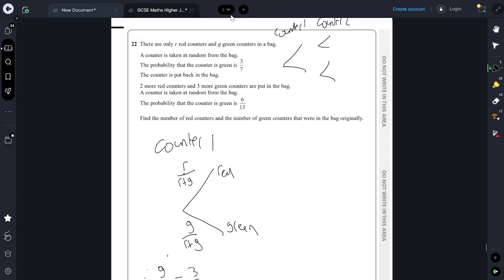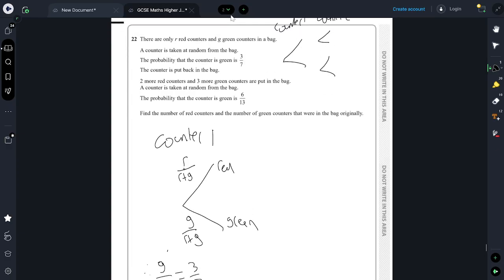But then it tells us about another counter being taken. The counter is put back in the bag, so the total is R plus G again. Two more red counters and two more green counters are put in the bag. The probability that the counter is green is 6/13.